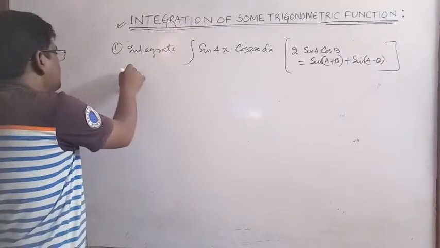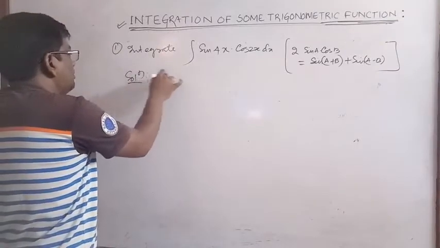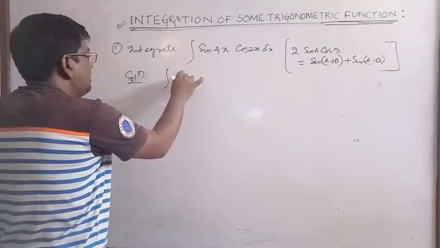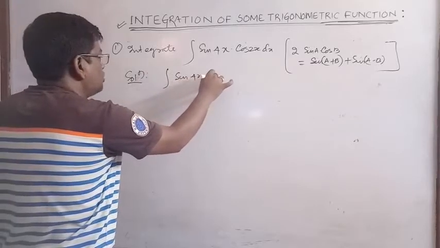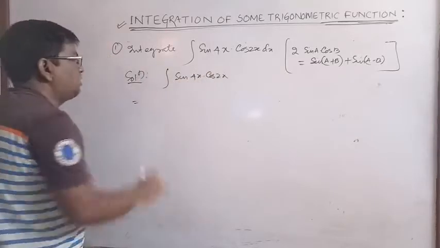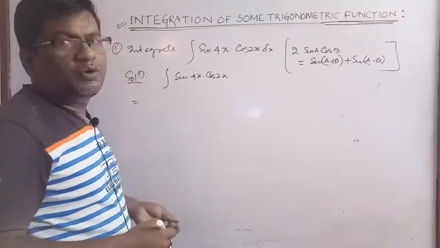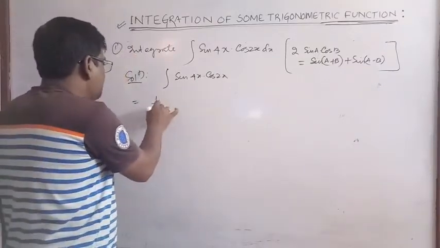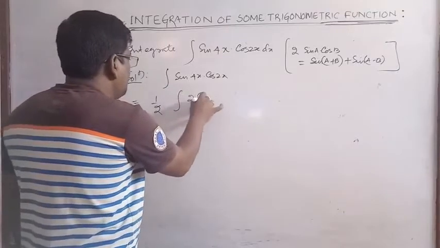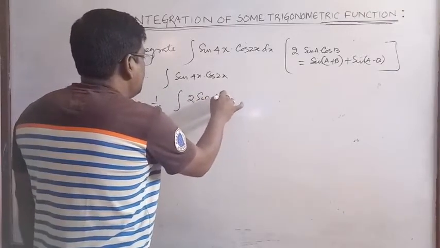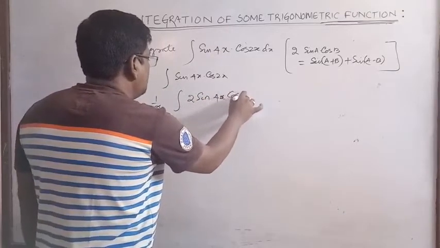So the solution: integrate sin 4x cos 2x. To get the formula we have to multiply by 2 and divide by 2, so it is 1 by 2 integral of 2 sin 4x cos 2x.